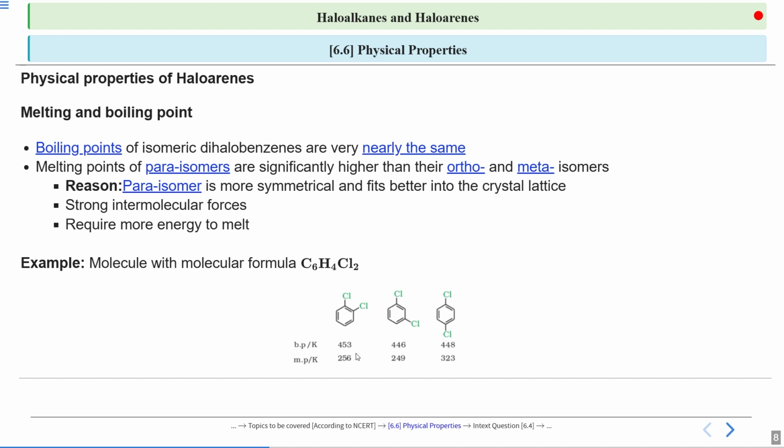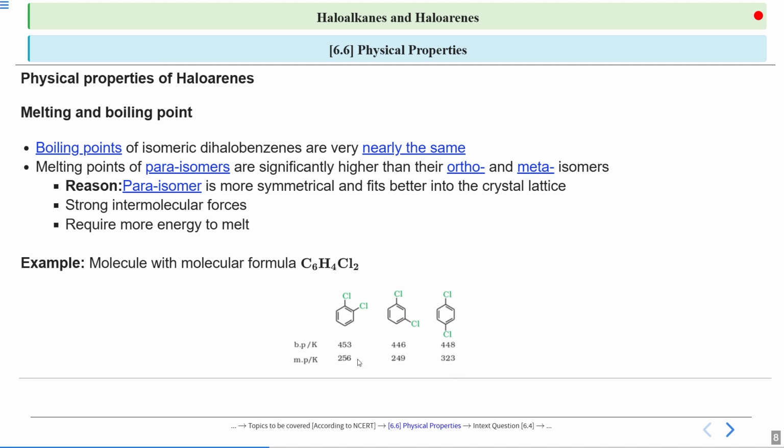So its boiling point will be the highest. You can see 453, and the others have 446 and 448, right? In the second structure, the chlorine is present at the meta position with respect to the first chlorine, and in the third structure the chlorine is present at the para position. So the para isomer will have a significantly higher melting point than the ortho and meta, right? So para will have the highest melting point, 323.